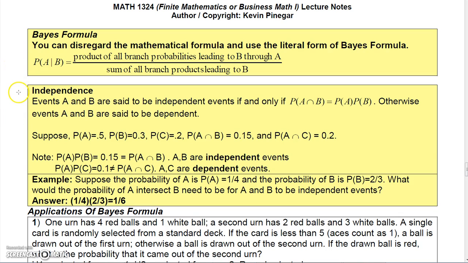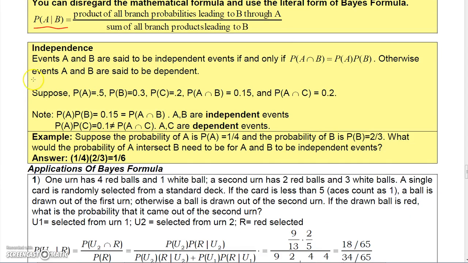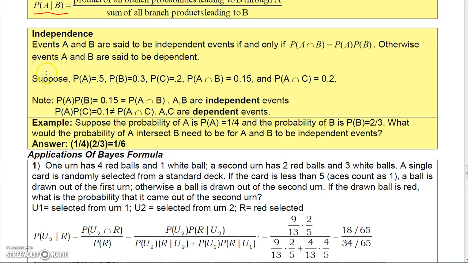So you can freeze it here and read, this is basically the Bayes formula I gave you there. Independence is important. This talks about independence of events, but go ahead and read this on how to determine if 2 events are independent.